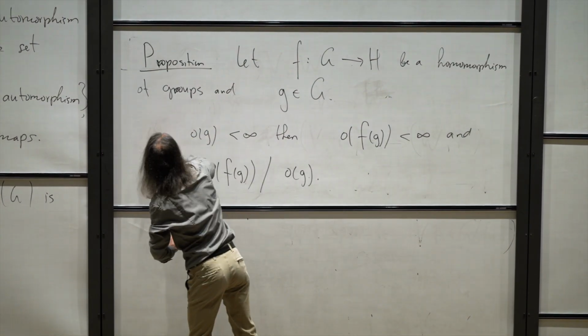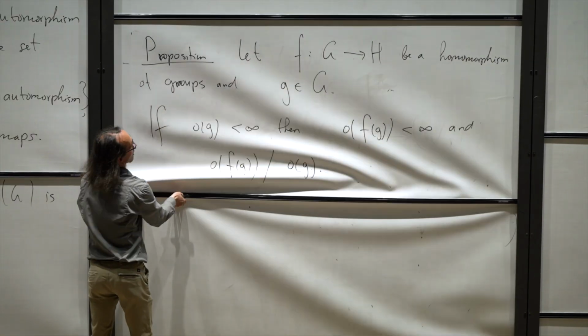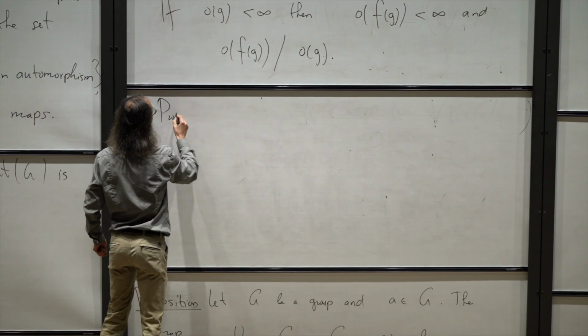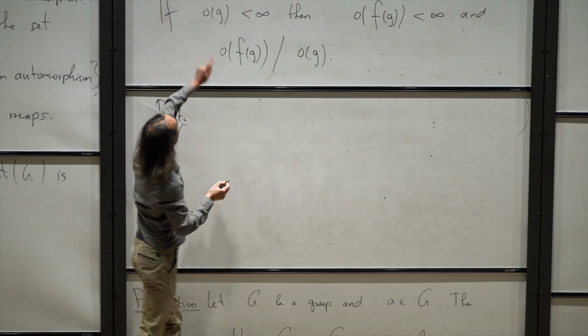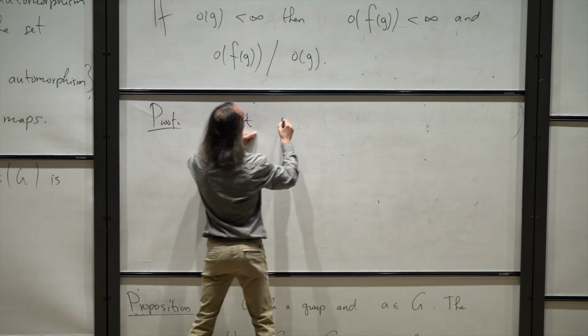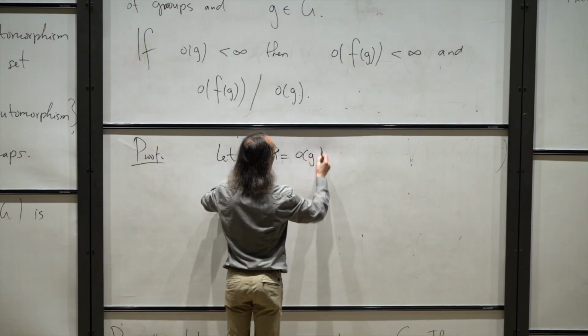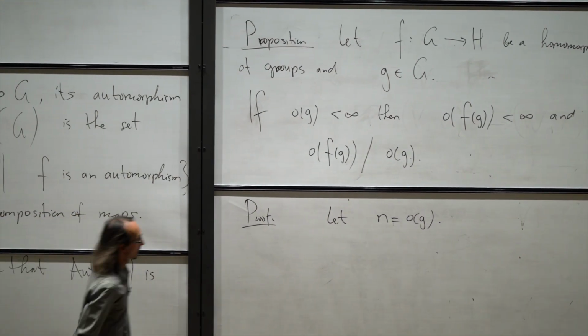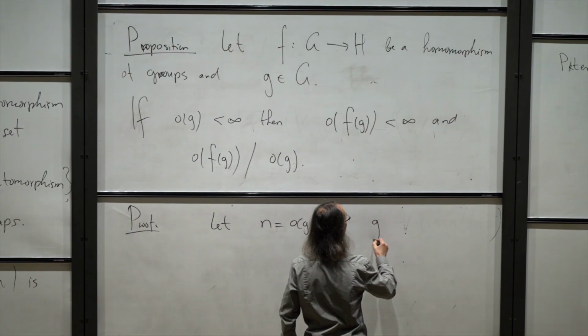I think it should be an if. Okay, proof. Well, we're given that the order of g is finite, so let n be the order of g. Remember, this is the minimal positive integer such that g to the n is the identity, right?